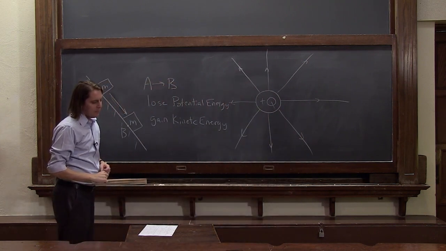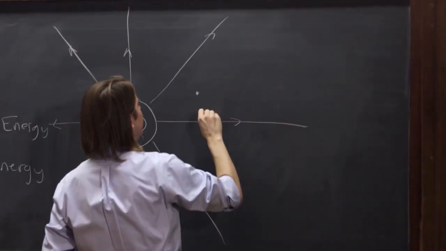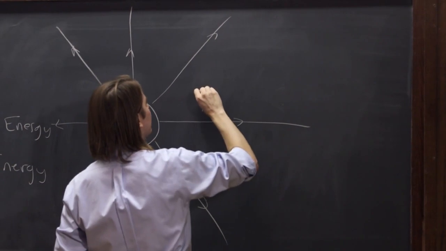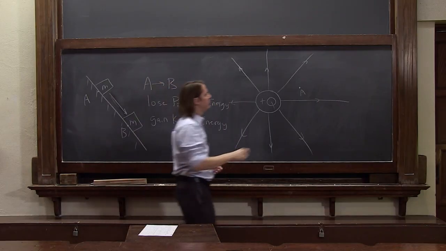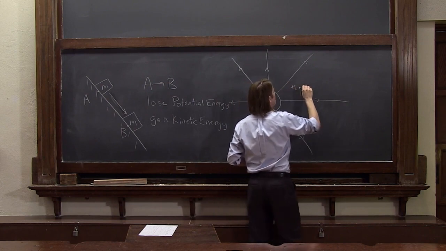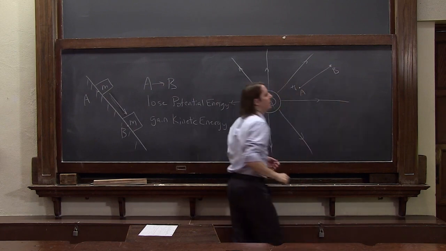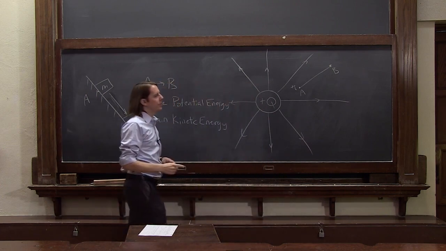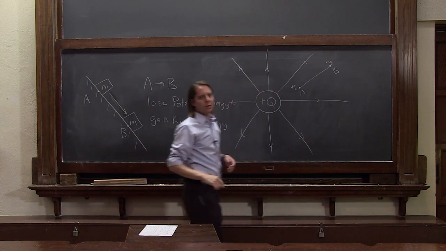So now, let's think about going from point A to B, essentially along a field line. Not one of the ones we drew, but let's go from here and put a little positive test charge plus Q. And what's it going to do? It's going to fly away along this line to point B. The little test charge will make its way over there if we let it go. Just like here.